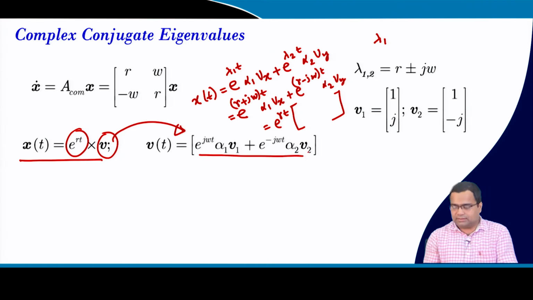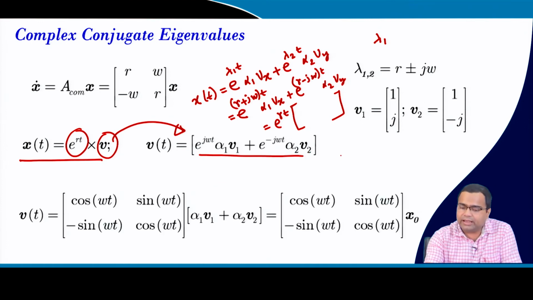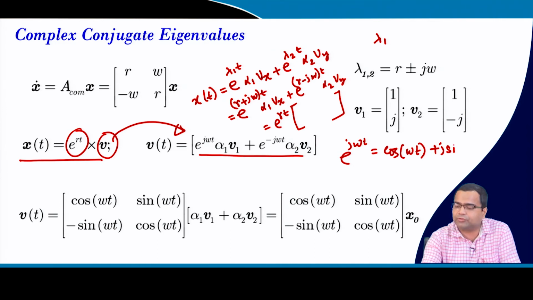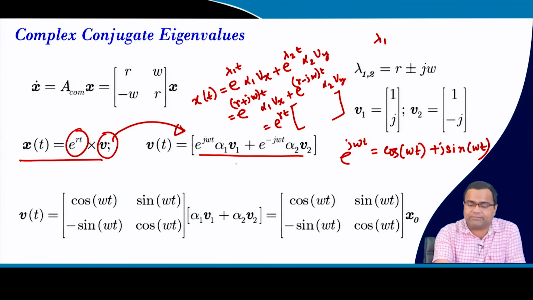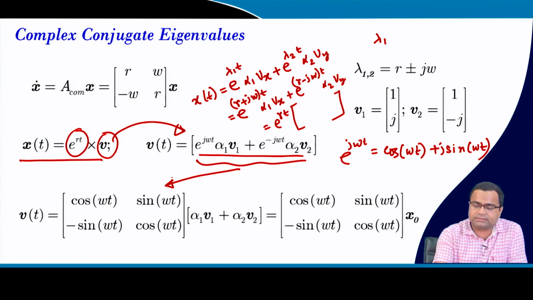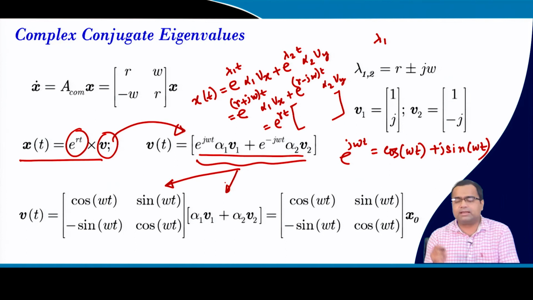Now, we know e to the power j omega t is equal to cos omega t plus j sin omega t. After simplification, this whole Vm term appears as a combination.